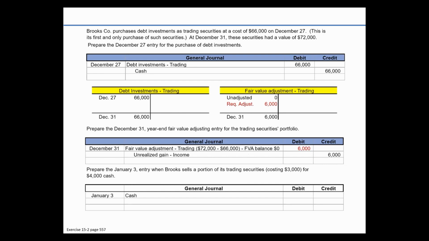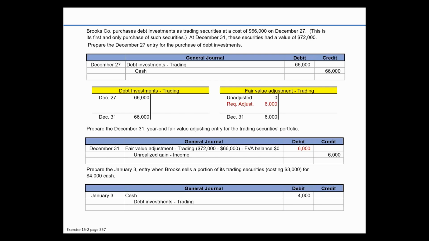Now, let's say then that on January the 3rd, Brooks sells a portion of the trading securities that cost $3,000 for $4,000 in cash. So the securities originally cost $3,000. Brooks is going to receive $4,000. So you would record a debit in the amount of $4,000 for cash because Brooks is receiving $4,000 in cash.